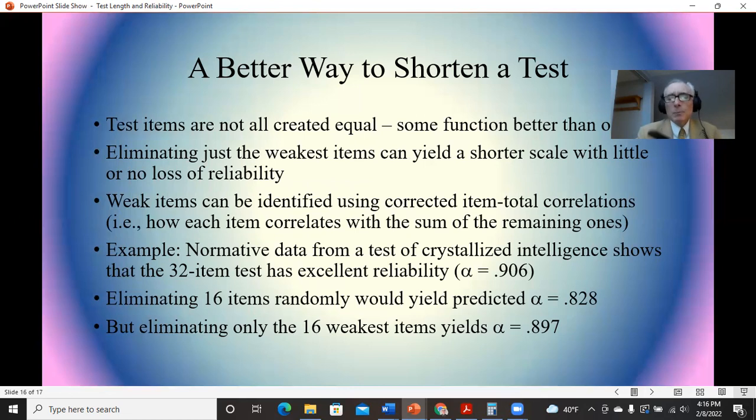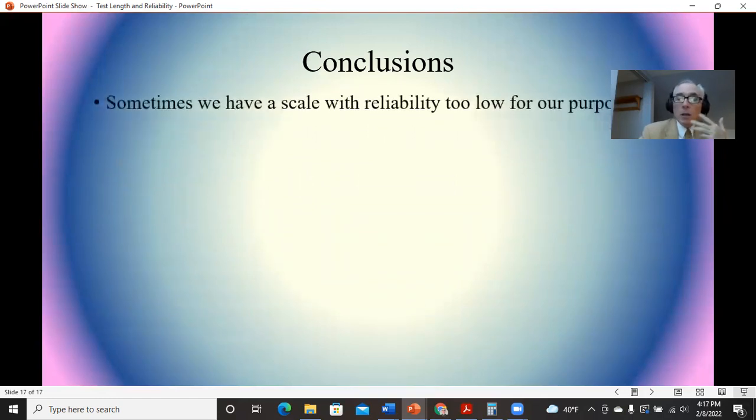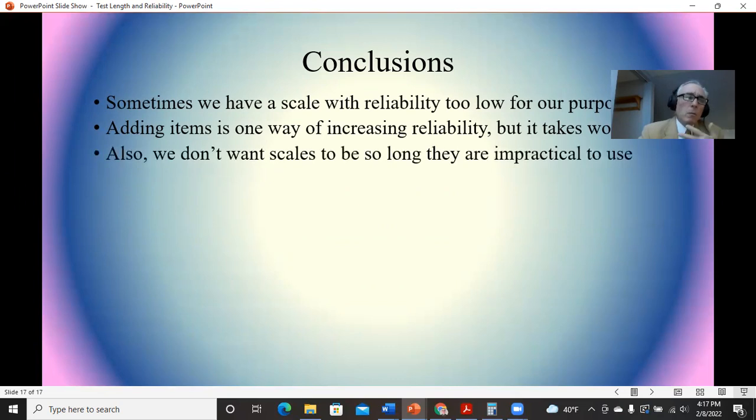So moving ahead, again, that's getting a little more advanced there, but moving towards our conclusion, we can say that there are times we have scales that just aren't reliable enough for what we want to use them for. And one way to improve them is to add items. But of course, that takes work. And we also don't want to make the thing so long that no one wants to take it.